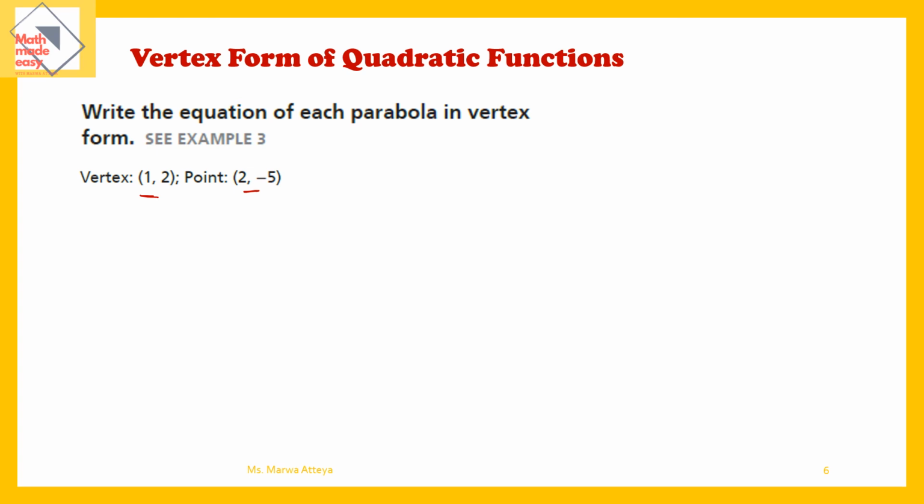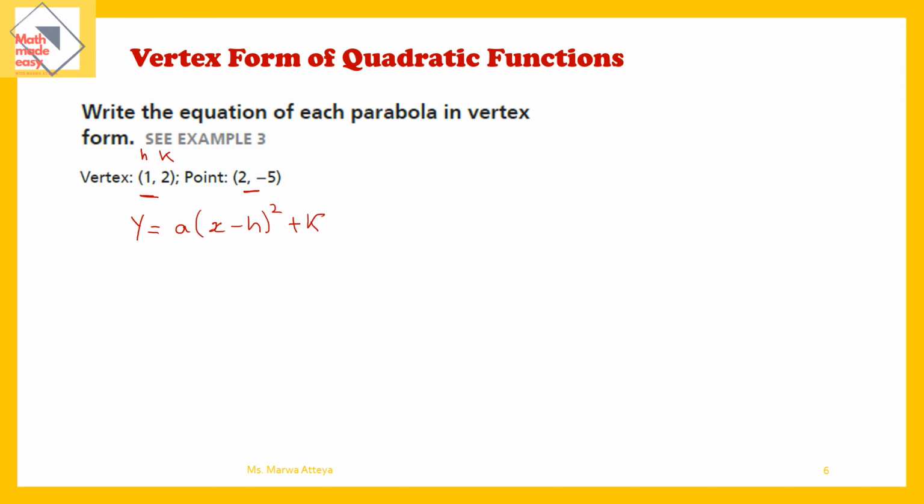Now, I know that the vertex is (1, 2), so I know the value of h and the value of k. The vertex form we know for a quadratic function is y equals a(x - h)^2 + k. This is the vertex form.